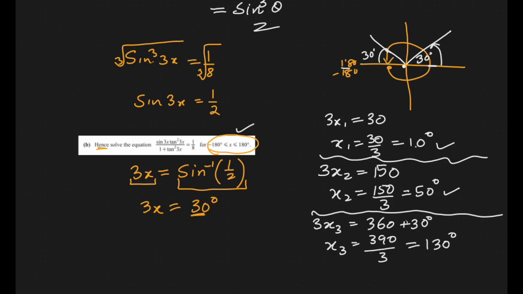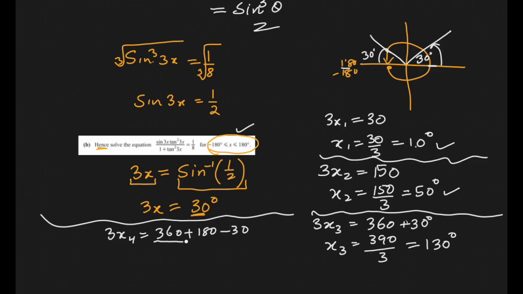Okay, so we got 3 answers now. If I go even beyond, it may not work, but I will try. So if I go 360 plus 180 minus 30. Okay, so let me continue here. 3x4 is equal to 360 plus 180 minus 30, because it is 3x, so we need to go this way.